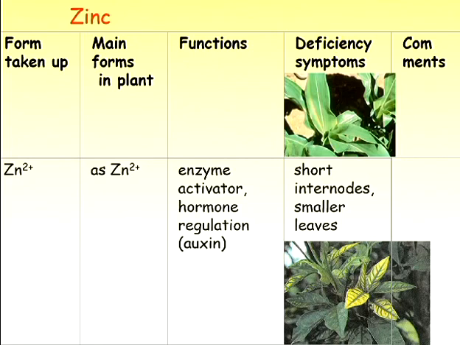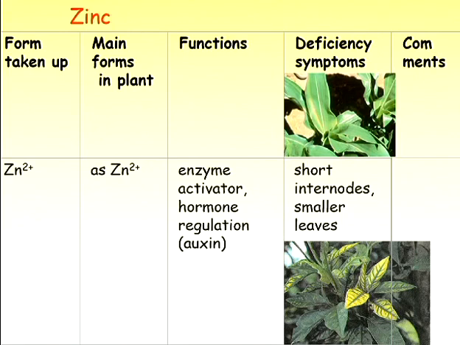The leaves cannot expand. And there are also certain transcription factors, remember those guys, that induce gene expression of a bunch of genes. There are these so-called zinc finger proteins that hold zinc, and that's needed for their function as transcription factors. So those are some of the functions of zinc.